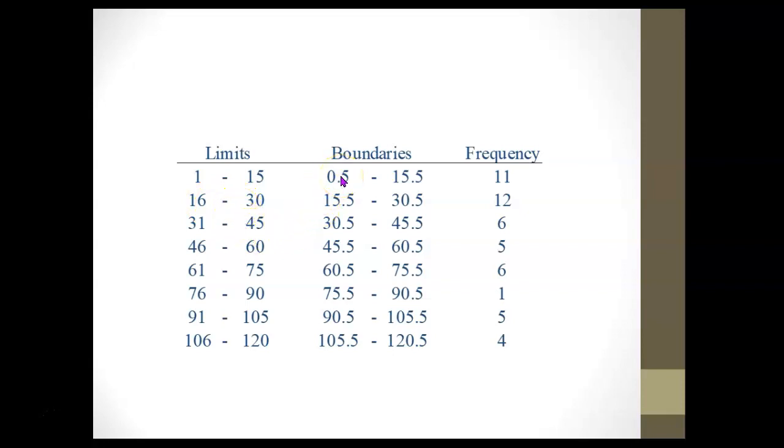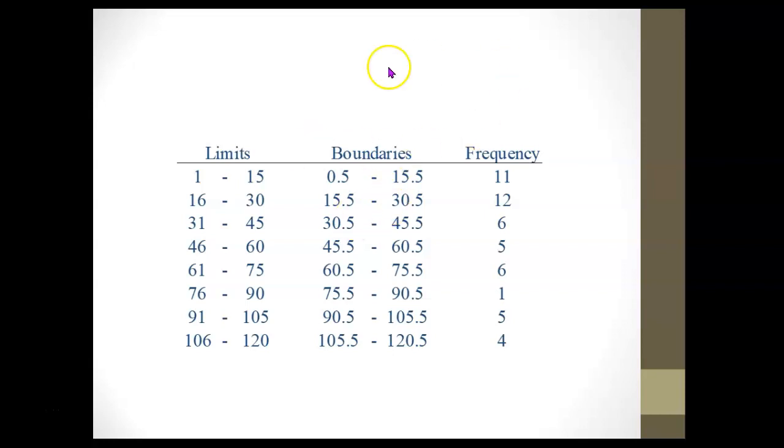So notice how the lower boundary for each class is 0.5 below the lower limit. So if the lower limit is 1, we go down to 0.5. If the lower limit is 16, we go down to 15.5. If the lower limit is 31, we go down to 30.5, and so on.